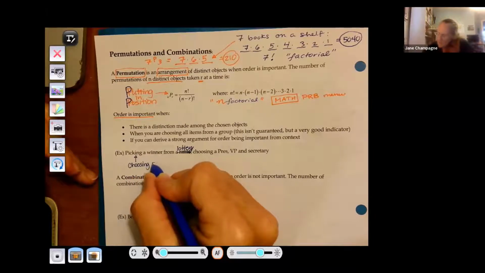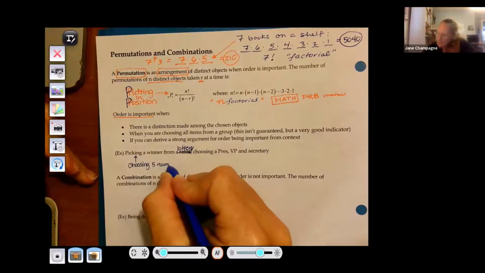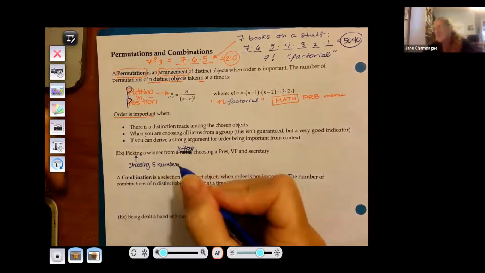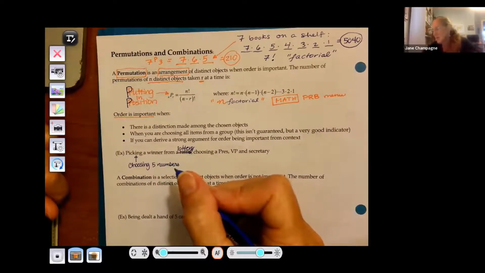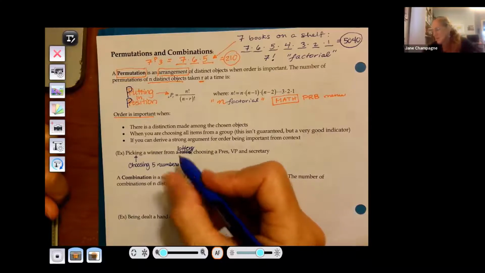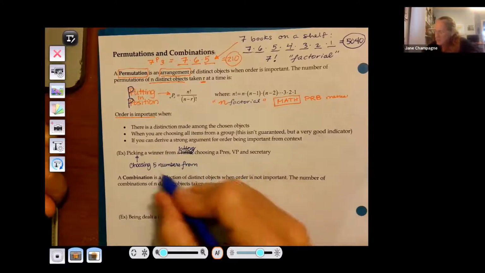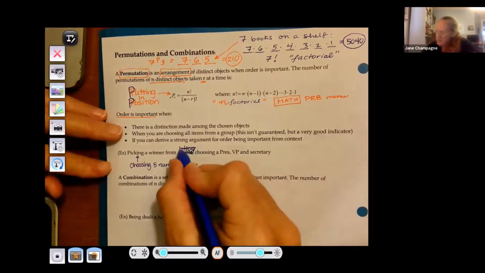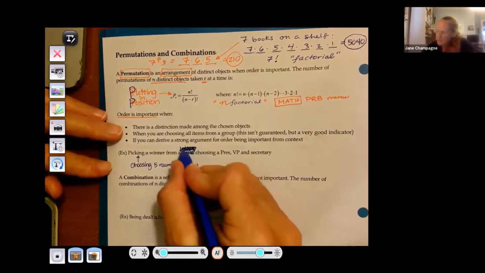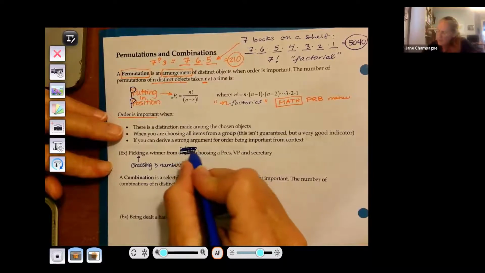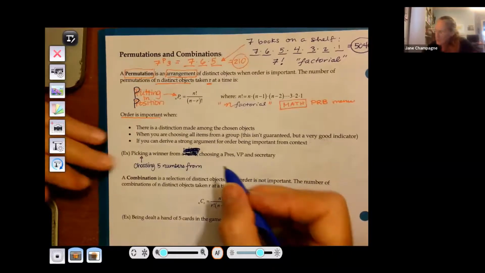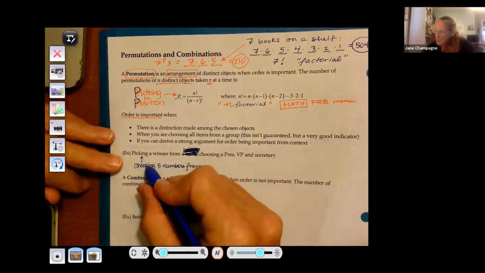So choosing 5 numbers. Although in that case, order doesn't usually matter. So you have to look at the context. Sorry, I can't give you an open example. I have to just give you a specific example.